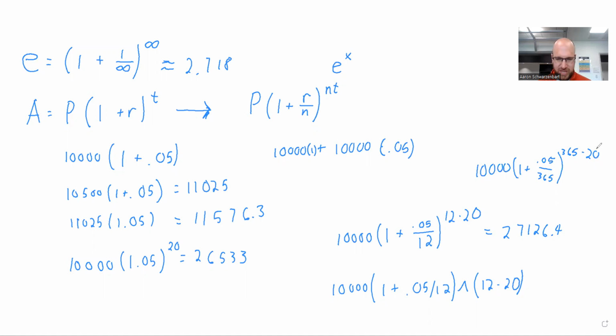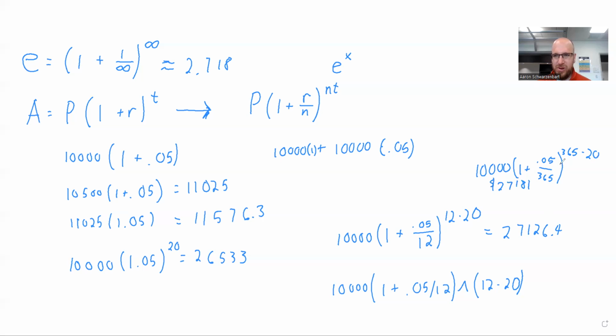So again, I'm putting it in my calculator. But it shouldn't be a ton greater. Doesn't get me a lot larger. This one gets me to 27,181. Still, I'll take it. It's an extra about $55. I'll take the extra $55.